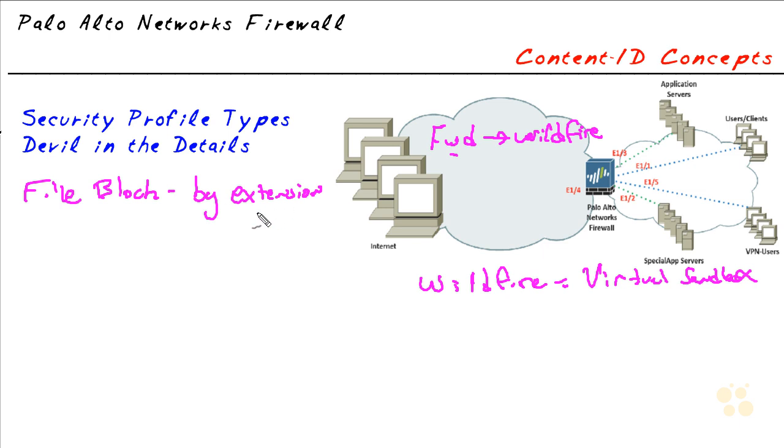So doing it by extension, like exe files, is a great way to do that. Make sure that my users aren't doing something stupid that they shouldn't be, or at least that I can see right away what the effect is going to be.